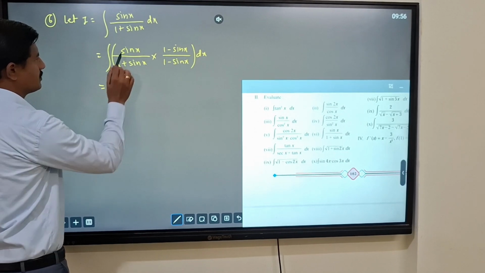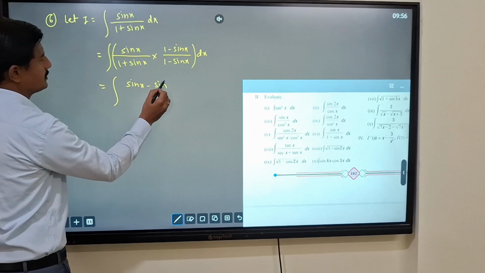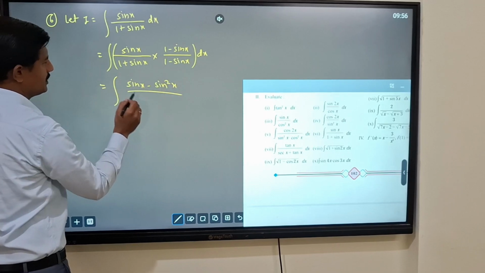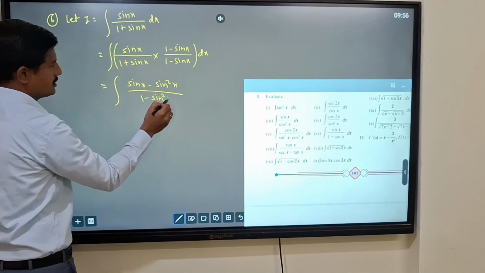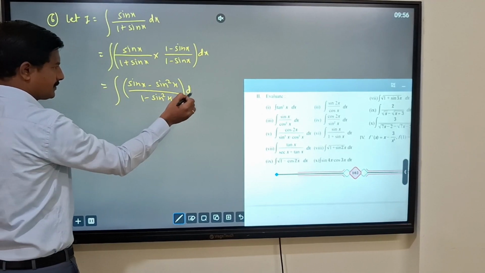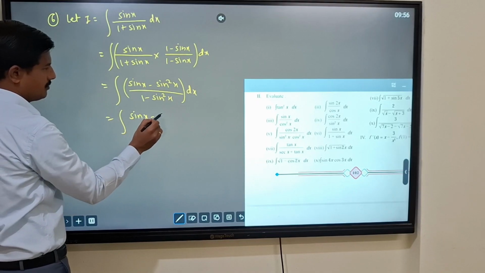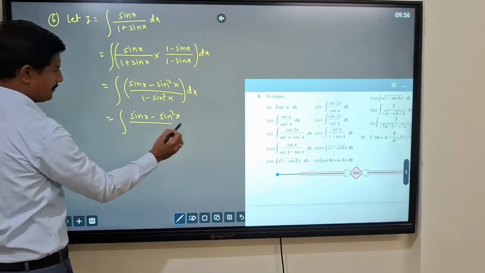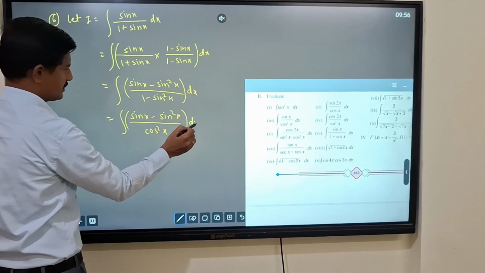So this becomes integration of, when sin x gets multiplied, sin x minus sin square x. Here we use the formula a plus b, a minus b, which becomes a square minus b square. So this becomes 1 minus sin square x dx, so this becomes sin x minus sin square x upon cos square x dx.